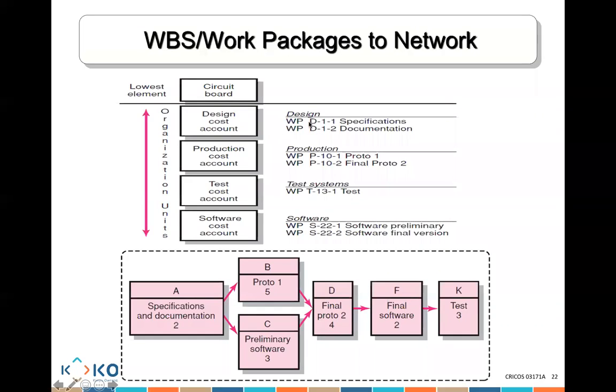Well, the work package, in other words, the work I need to do is the specifications and the documentation. Great. What about production? Well, for production, I need to do a prototype and a final prototype. What about the testing? Oh, I need to do test work. What is the software work? I need to do software preliminary work and software final version work.